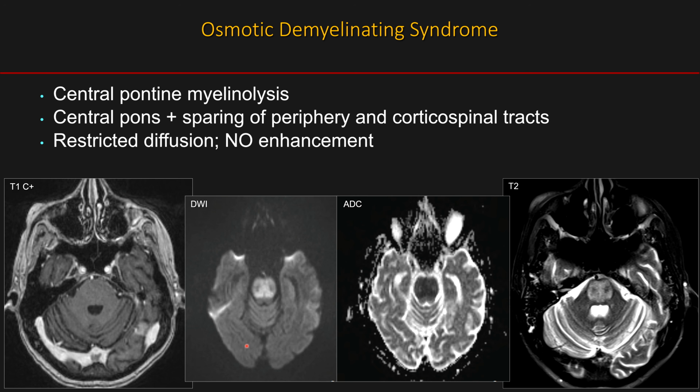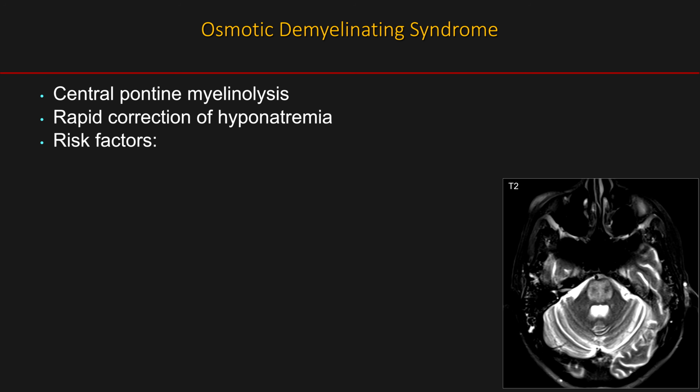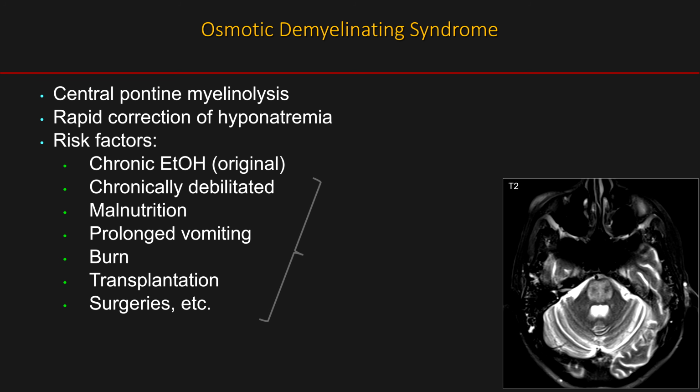On imaging, often you see diffusion restriction, and typically you do not see any enhancement on the post-contrast images. Now, the classic presentation is that the patient has a rapid correction of hyponatremia, but other electrolyte imbalances can also produce osmotic demyelination syndrome.